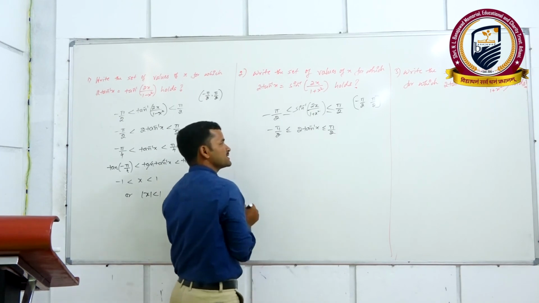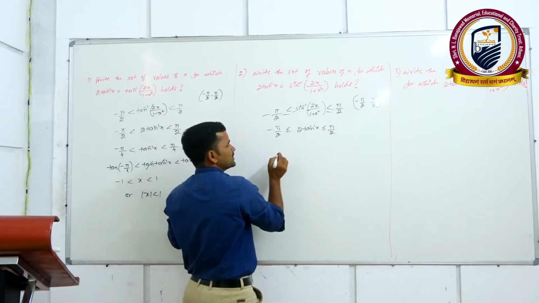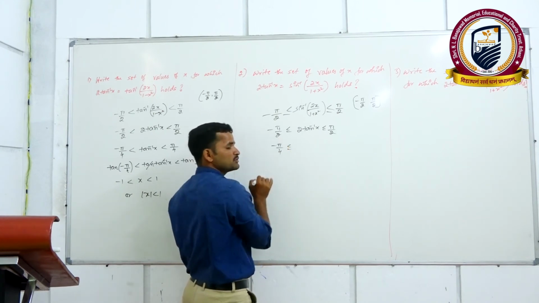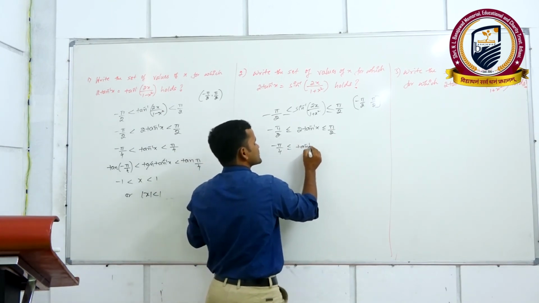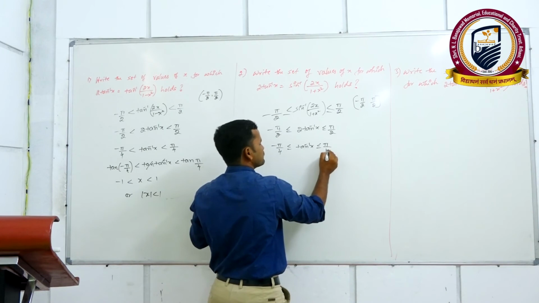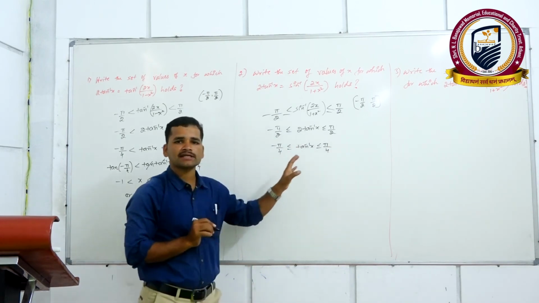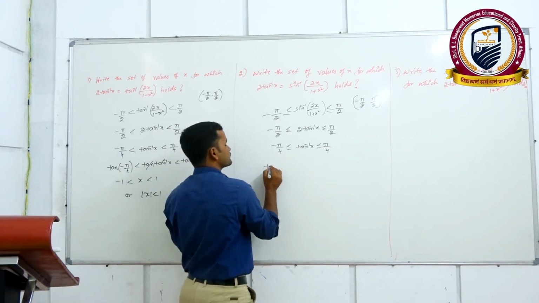We have to separate for x. The same thing we did in the previous case, we will do. Dividing throughout the equation by 2: minus pi by 4, then pi by 2 by 2, 90 by 2, 45. Tan inverse of x less than or equal to pi by 4. Next, to have x here we will take tan. If we take tan throughout the inequality, there is no change in the sign of the inequality, it will be the same.